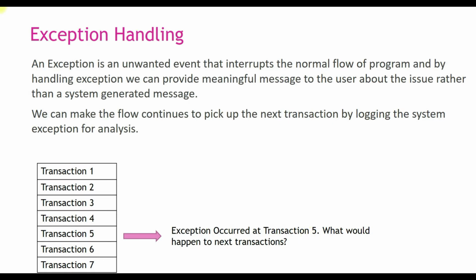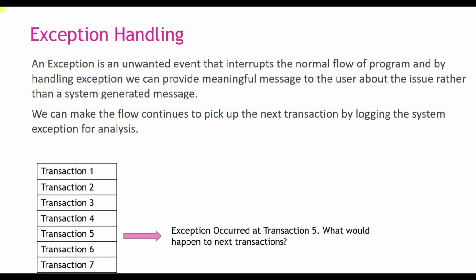Exception handling. How can we define exception handling? It is an unwanted event that interrupts the normal flow of your program or process, and by handling exception we can provide a meaningful message to the user. For example, just consider you have developed an attended bot. When you develop an attended bot, if an exception comes in the middle, it must be meaningful to the user.